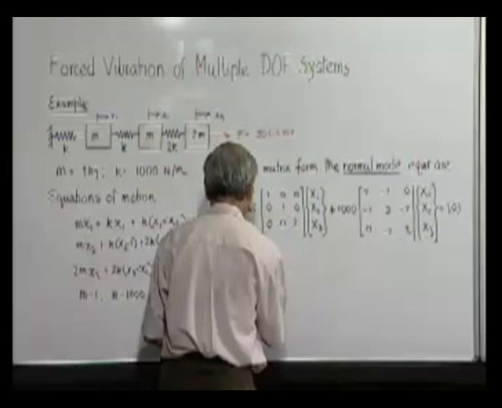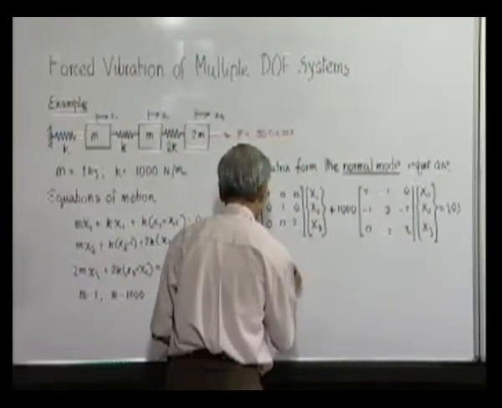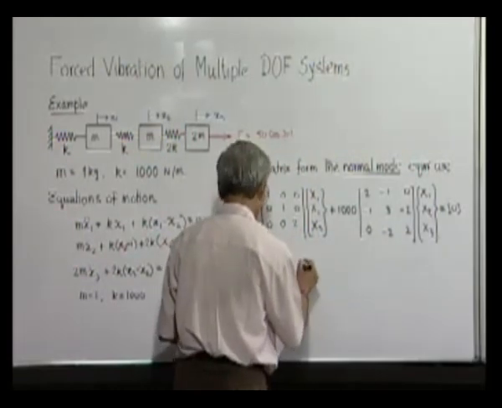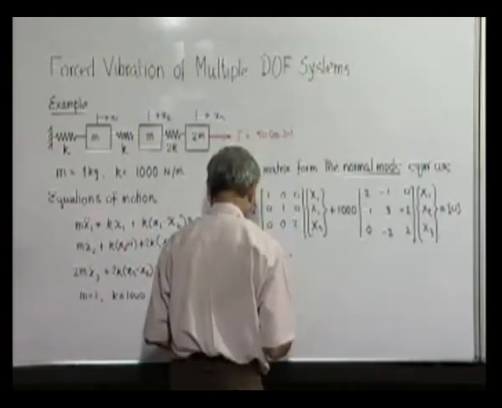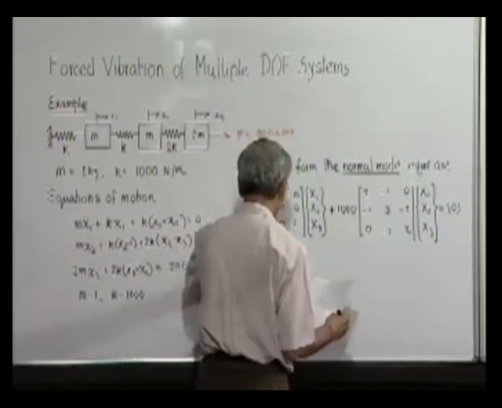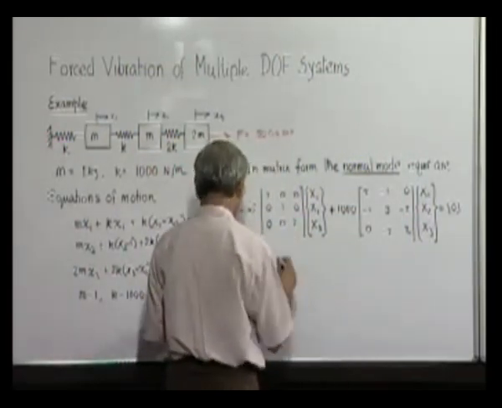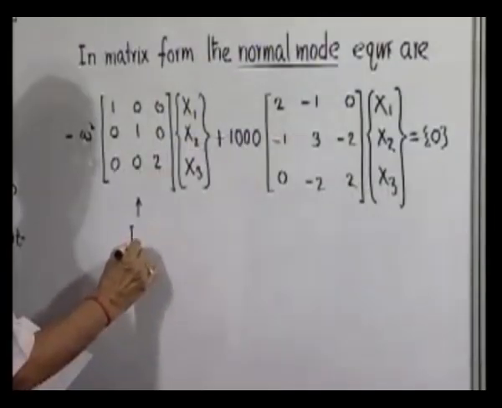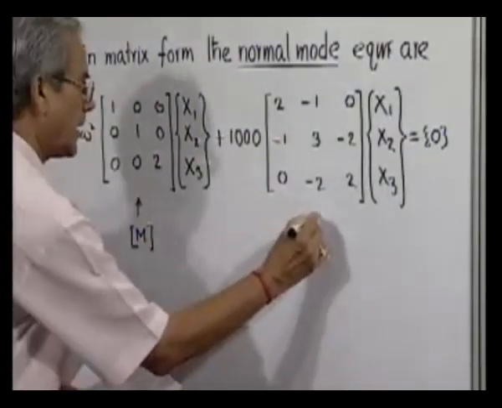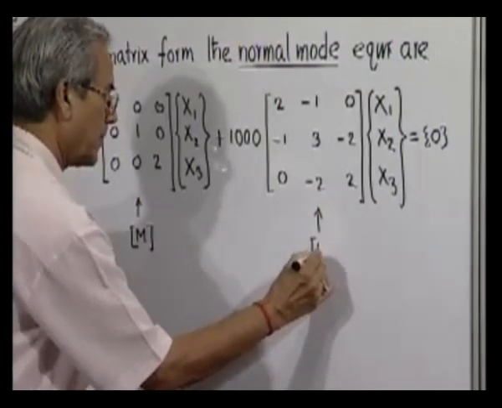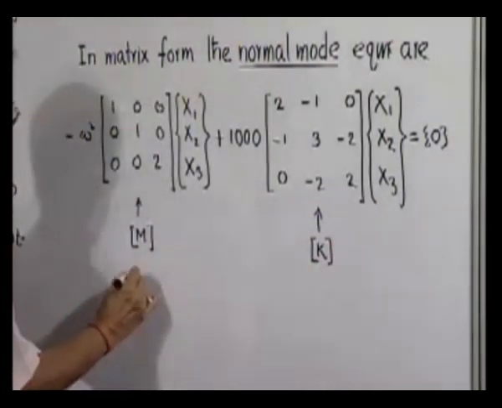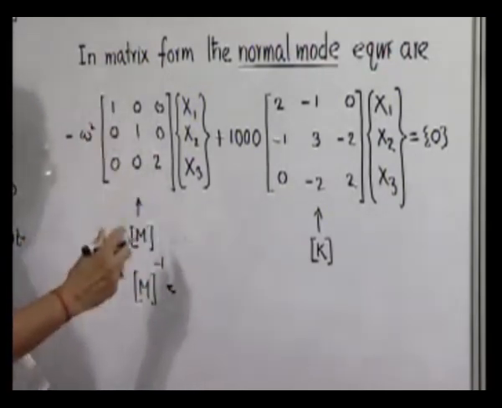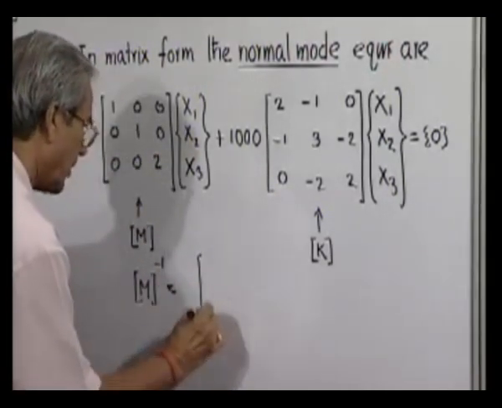So the characteristic equation can be written as minus omega square. This is the M matrix and this is the K matrix. Then M inverse, you can easily see even by inspection, will also be a diagonal matrix.